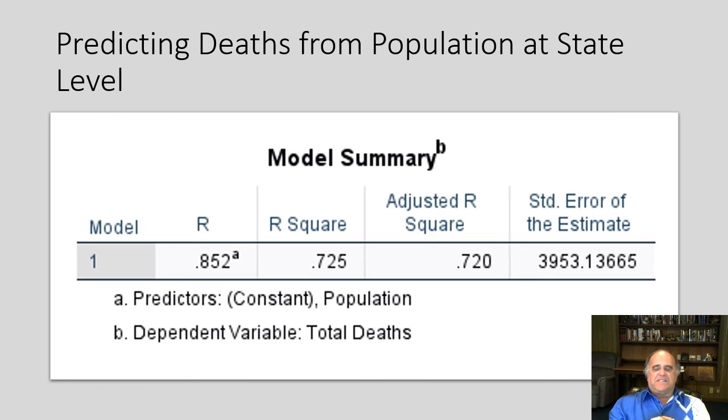When we do that, we get a very high R, 0.852, which is equal to the correlation between population of the state and total deaths in the state. The R squared is 0.725, the adjusted R squared 0.720, and the standard error of the estimate is 3,953.13665, if we want to go out that far.